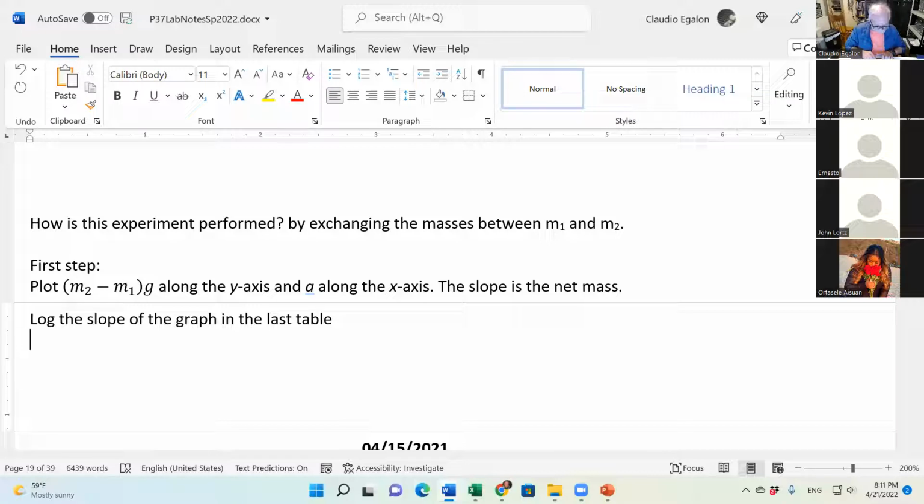Okay, then you fill up the units. Fill up the units and adjust the significant figures.